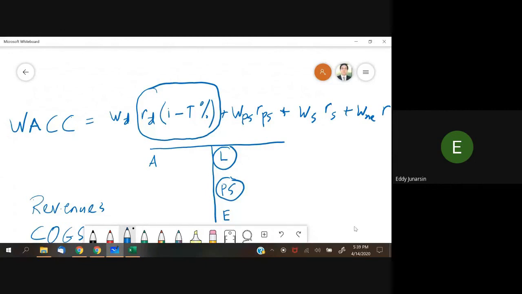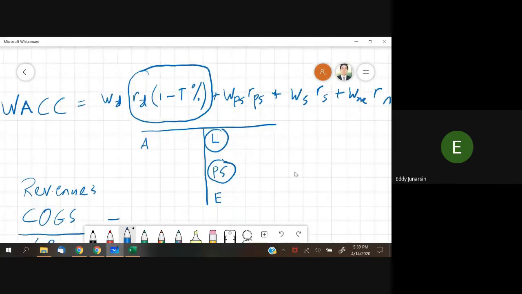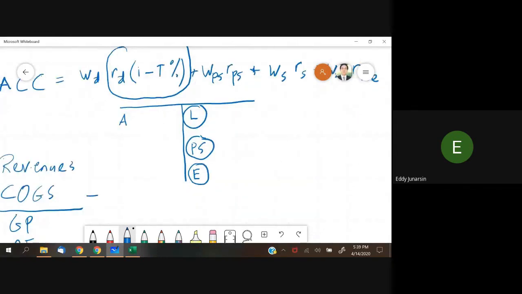Okay, what about the cost of preferred stock compared to cost of equity? Again, simple question. Are we required to pay a preferred dividend? The answer is yes, but we are not obliged to pay it on time. We could defer the payment. What about the equity?